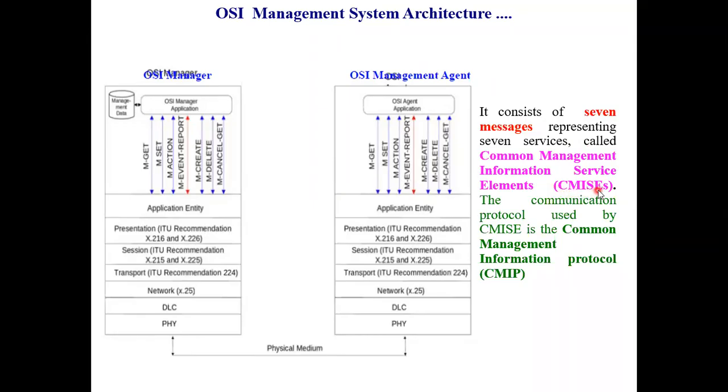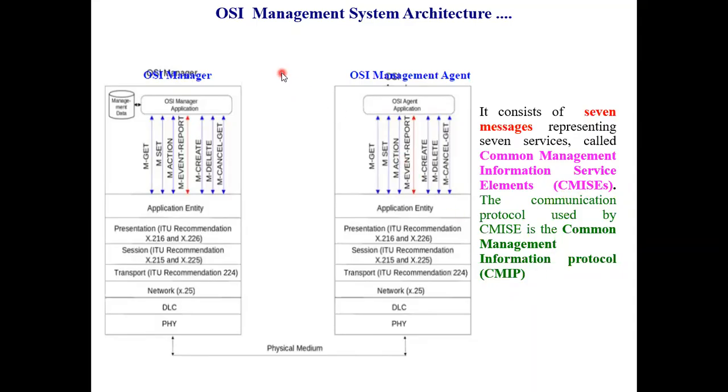Common Management Information Service Element. These are the 7 messages, and they are called the Common Management Information Service Elements. And the communication protocol that is used by these 7 messages is the Common Management Information Protocol. I hope with this, the actual definition of CMISE and CMIP is clear.